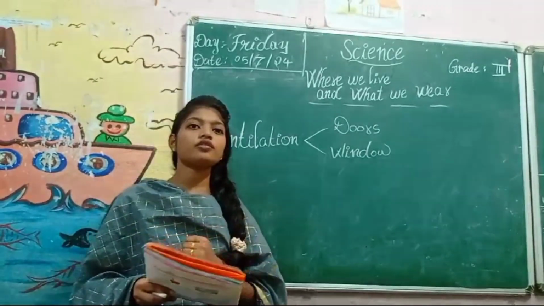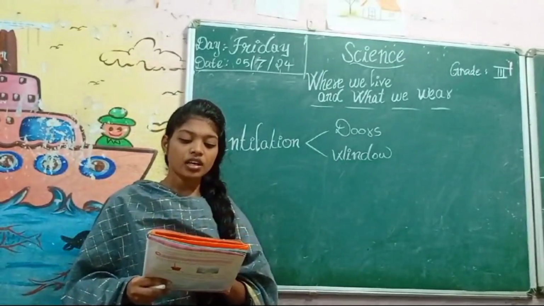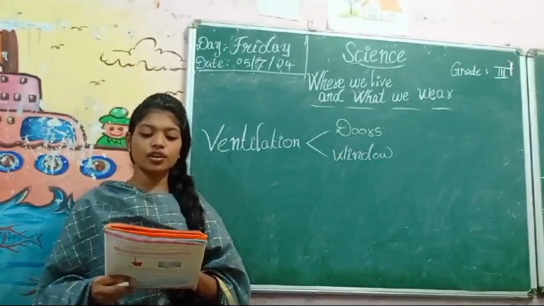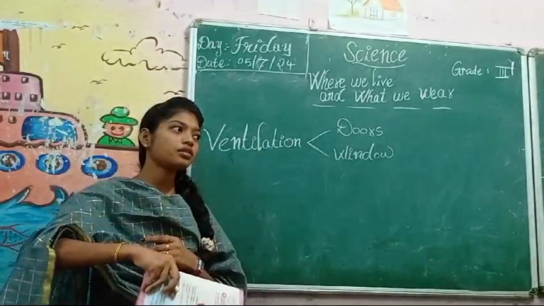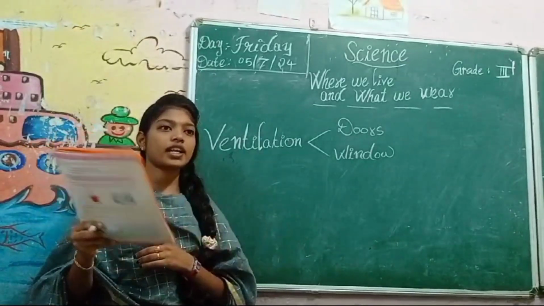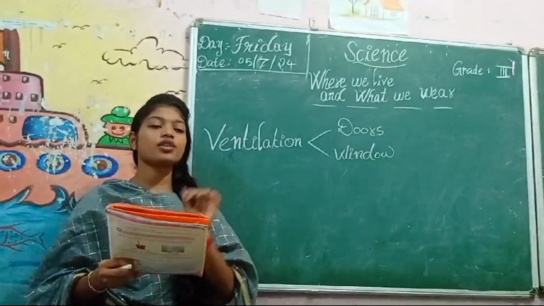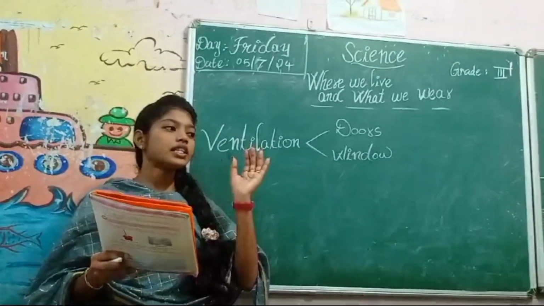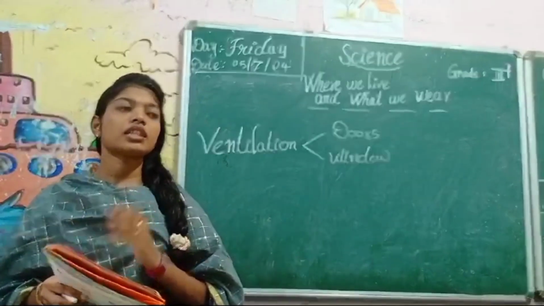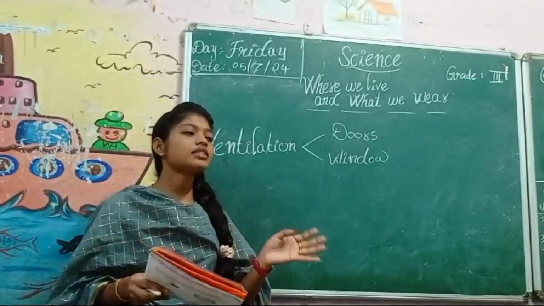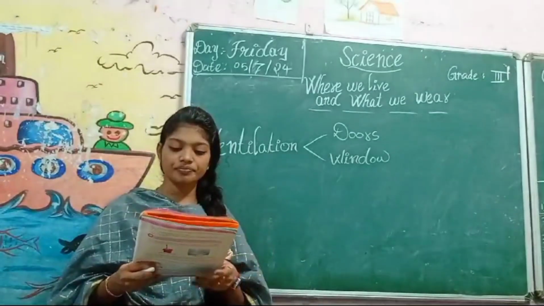How is a house free of germs? Doors and windows also let in sunlight. Sunlight also comes through doors and windows. This sunlight kills the germs that entered our house. The sunlight kills the germs in your house.